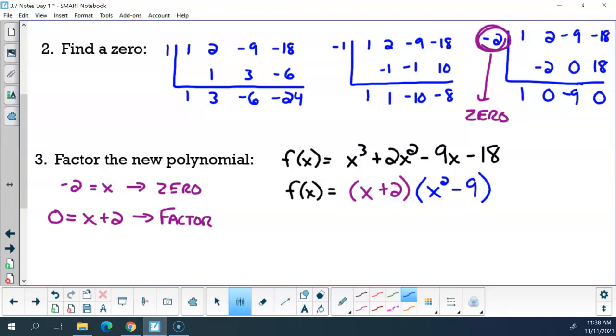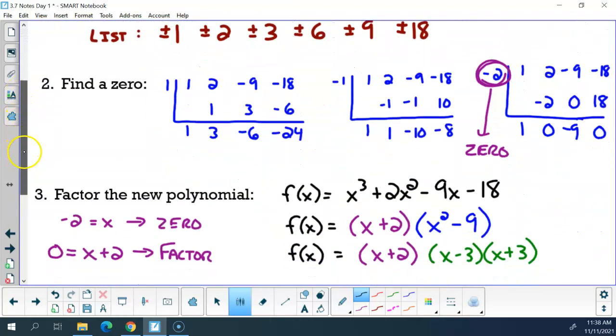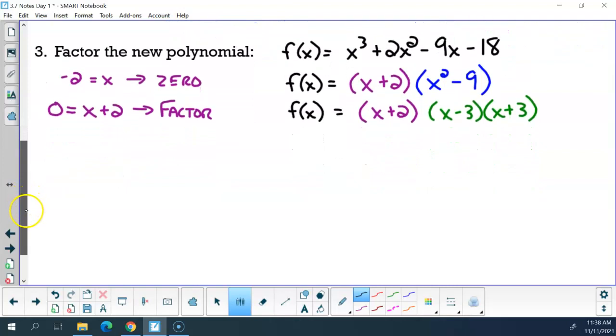X minus 3 and x plus 3? Can I factor any more? No. Okay. So now if I go back way up to the top here, it said find me all the zeros. I've got it in factored form.